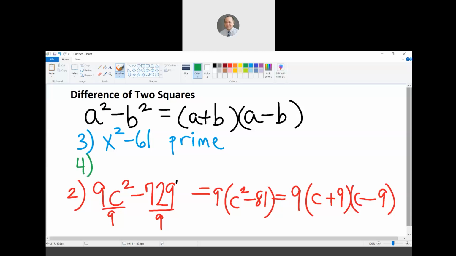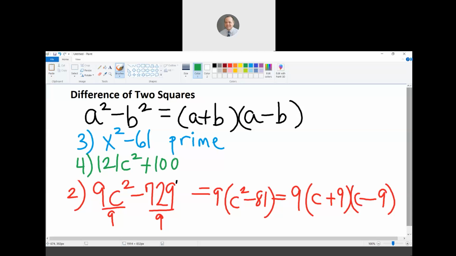Last problem here. We have 121c squared plus 100. Now, before you start breaking down this problem, let's check everything.